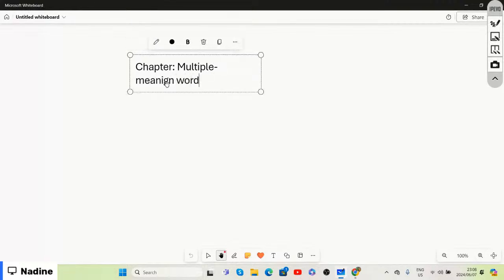We are doing a continuation of our previous lesson, in English Language Arts, grade 3.